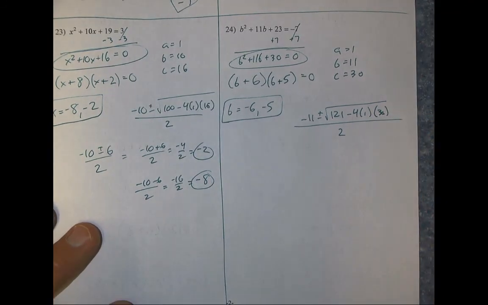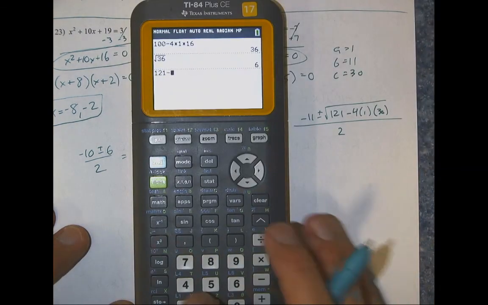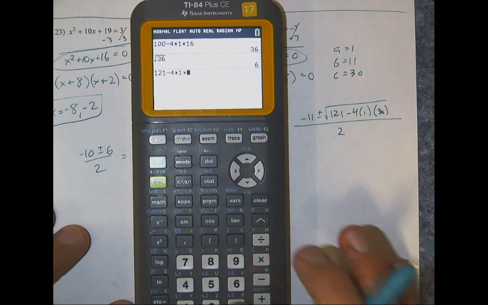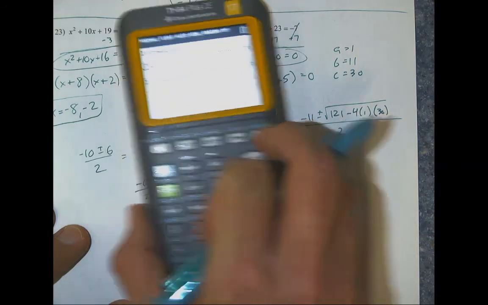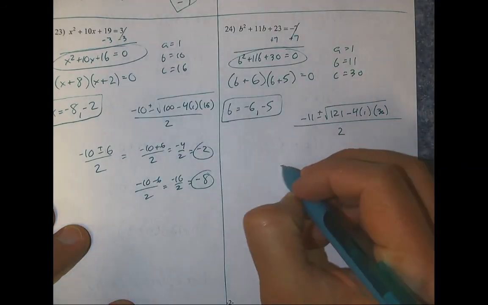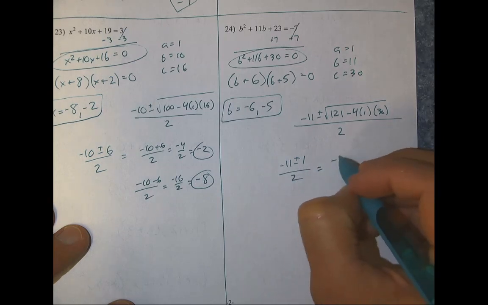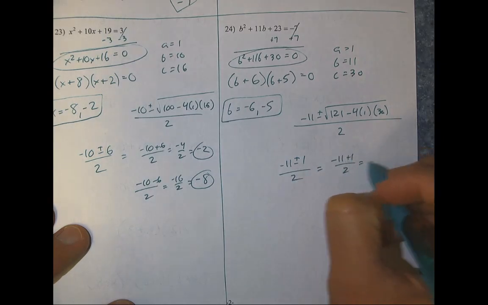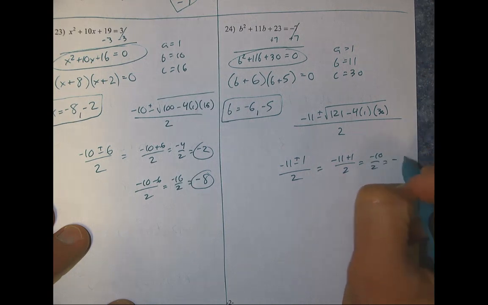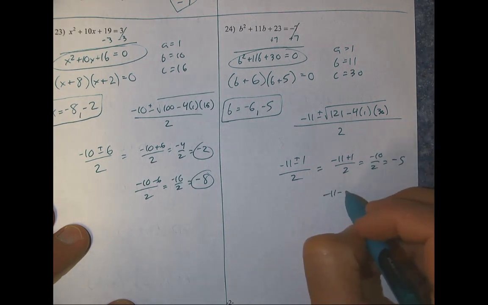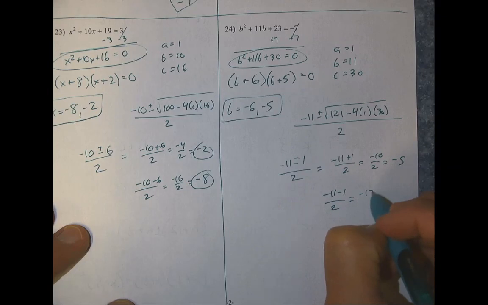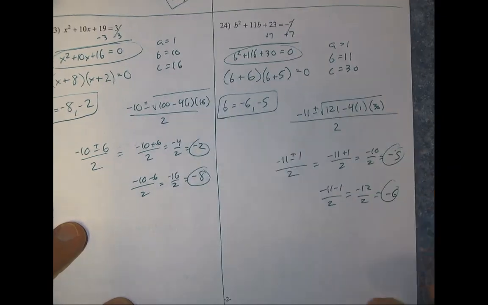In your calculator, 121 minus 4 times 1 times 30 is 1, and square root of 1 is just 1. So it's negative 11 plus or minus 1 over 2. So that's negative 10 over 2, which is our negative 5. And when we minus it, we get negative 12 over 2, which is negative 6. They match, and we're good.